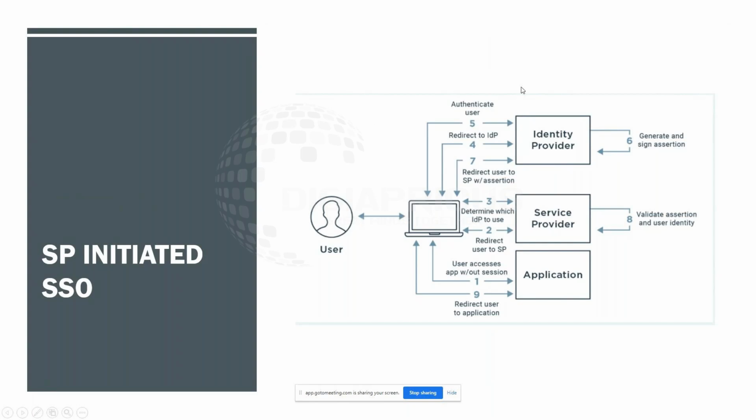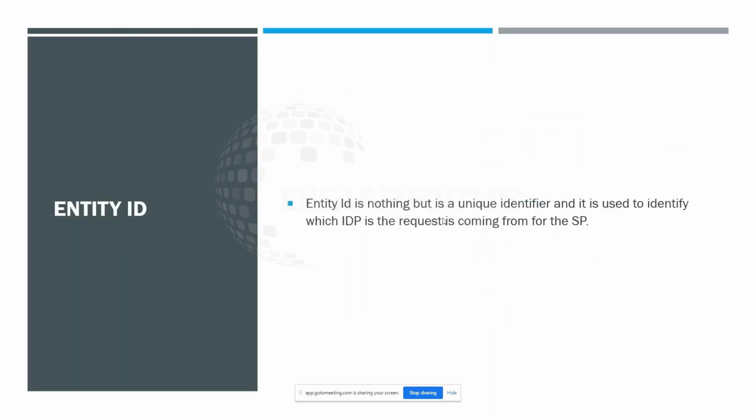Once it is authenticated, it creates the SAML response and sends it to the service provider. This is how the communication between the identity provider and service provider is identified. Based on the entity ID, it determines which identity provider and which service provider need to be used for that particular configuration.